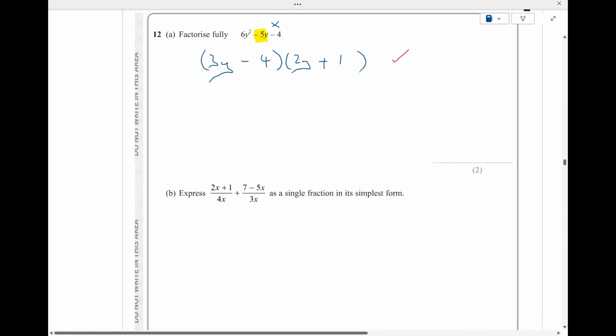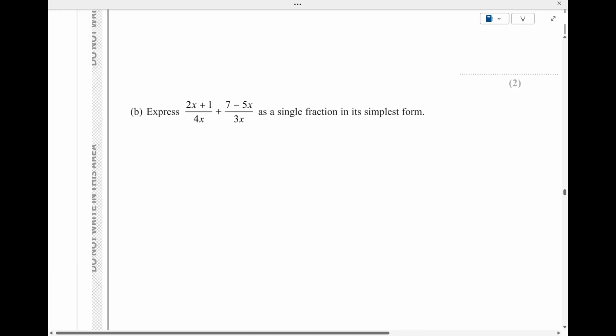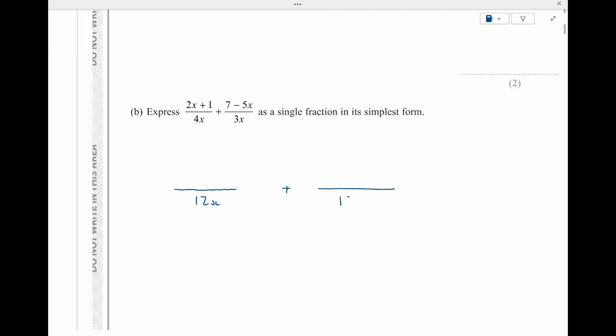12b. I'm adding these two fractions here. So I'm going to write them with a common denominator. Now I'm thinking my common denominator is going to be 12x. So this bottom one, I'm going to multiply that by 3 and that by 3. So that's going to give me 6x plus 3.